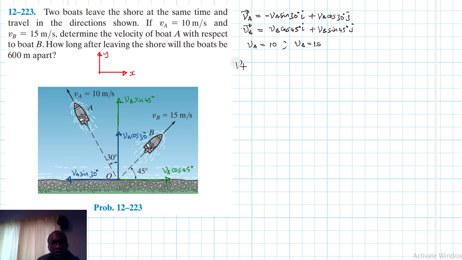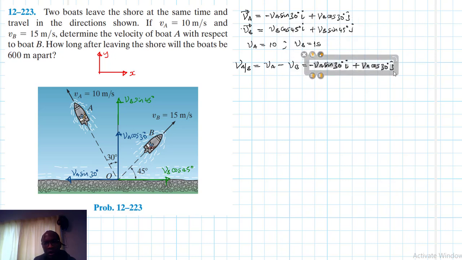So VA with respect to B is just equal to VA minus VB. Which is just equal to, we can plug these back in.